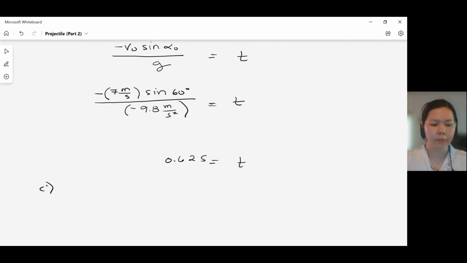Now letter C, to solve for the basketball's maximum height reached by the ball, we use equation 3.7.